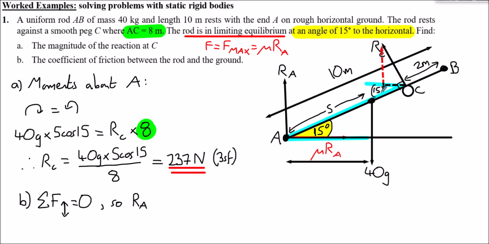This bit's 15 based on alternate angles. And so the angle that this force makes with horizontal is going to be 75 degrees. So the vertical component of reaction at C, the component going vertically up, which is the direction we want to consider, is going to be the reaction at C multiplied by sine of 75.